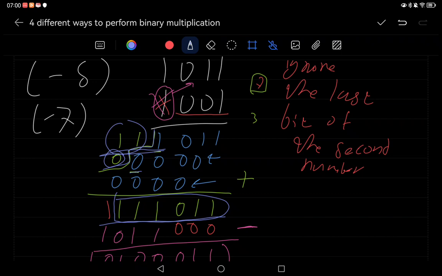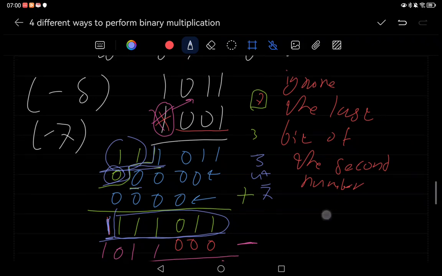So 3 plus 4, we got 7. So I need 7 bits, and this will be easy by just extending the 6-bit number to a 7-bit number by repeating the most significant bit. So here we have 1, so I will add 1 here.